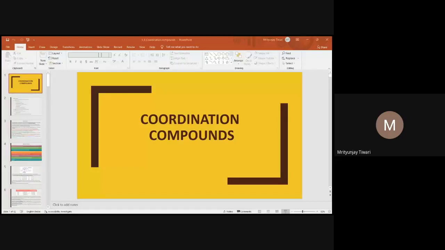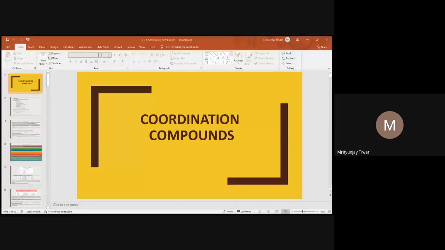And then we talk about the bidentate ligand. If two atoms of a ligand are bound to a metal, that kind of ligand is called a bidentate ligand. For example, ethylene diamine, NH2 CH2 CH2 NH2.